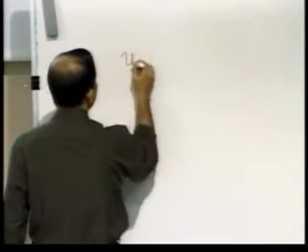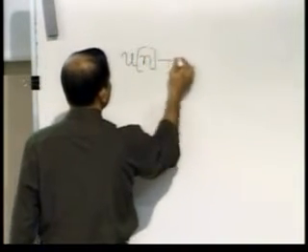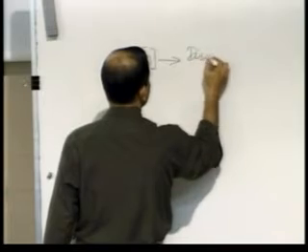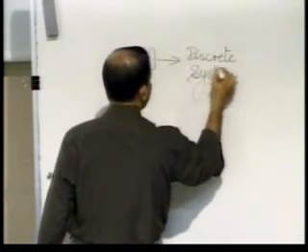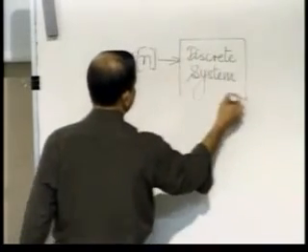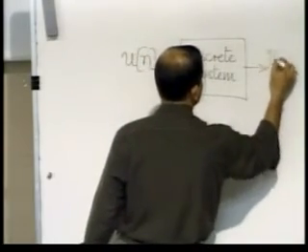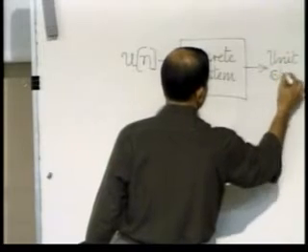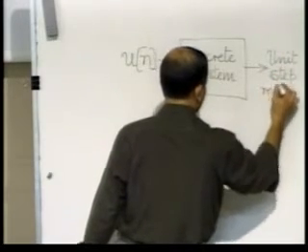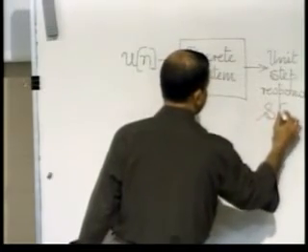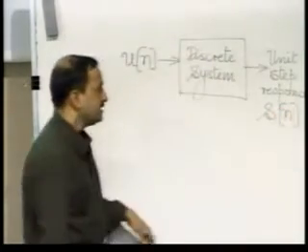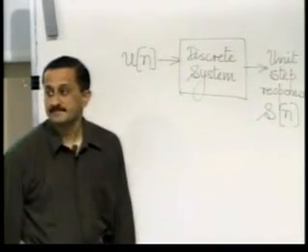Suppose we knew the output to u[n]. So, suppose the unit step sequence, when applied to the discrete system, gave us what we call the unit step response, which we shall denote by s[n]. S[n] is the unit step response of the system.